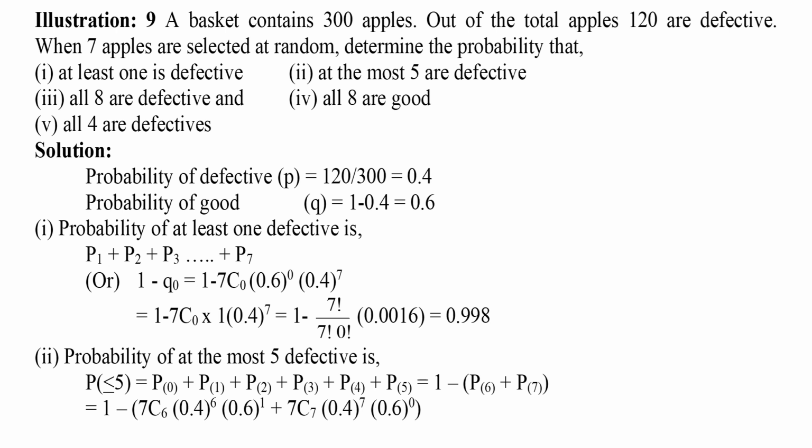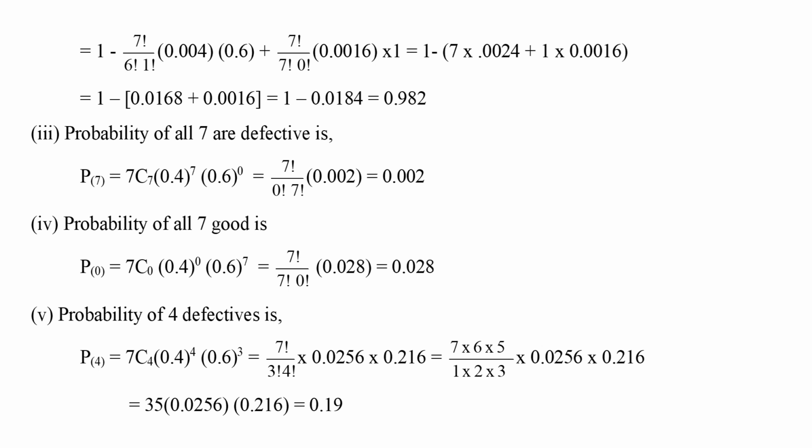P less than or equal to 5 equals P0 plus P1 plus P2 plus P3 plus P4 plus P5 equals 1 minus P6 plus P7 equals 1 minus 0.0168 plus 0.0016 equals 1 minus 0.0184 equals 0.982. If the unexpected events are fewer, it may be calculated like this, that is 1 minus P6 plus P7.